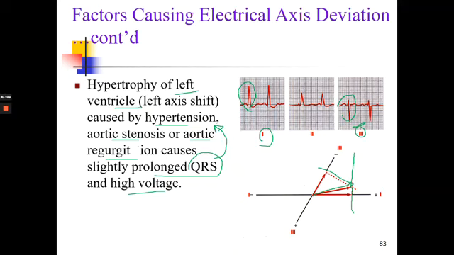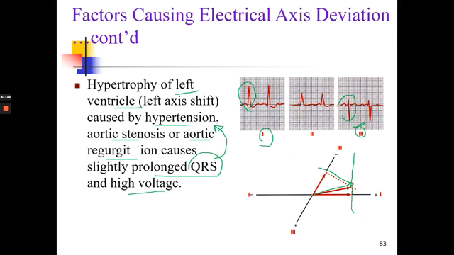So the heart gets thickened, hypertrophied, and this hypertrophy will cause left axis deviation. In hypertension also, the heart has to develop too much pressure against the pressure in the aorta. Hypertension means that the aortic pressure is higher. This is what we call afterload.